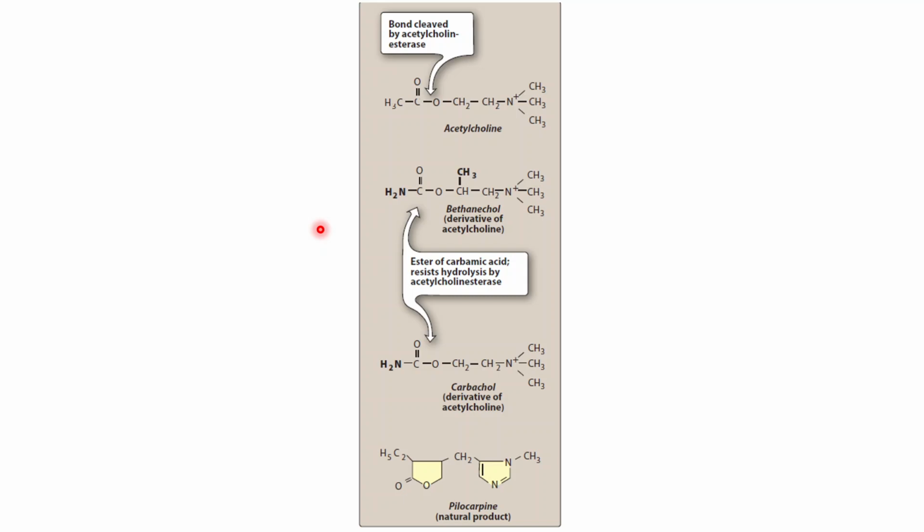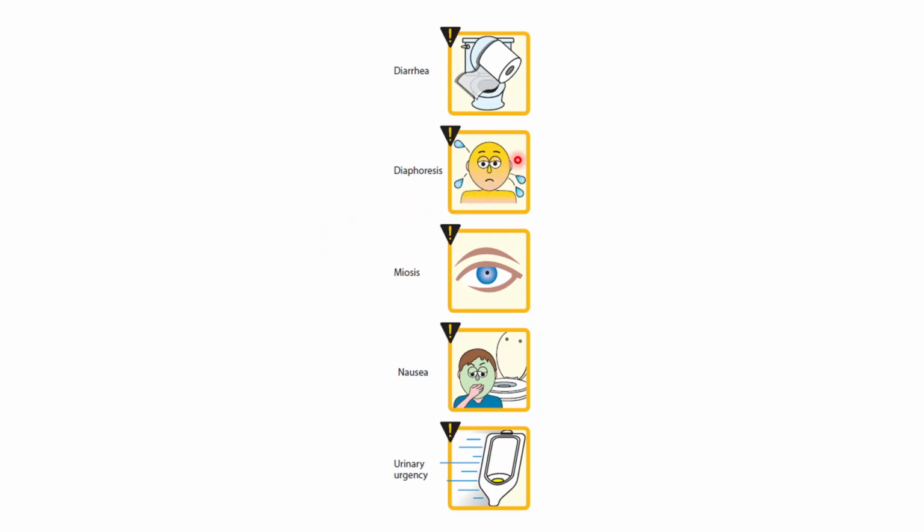Also, the bethanechol has adverse effects that include the sweating, salivation, so sweating, like this is diaphoresis, salivation, and also the nausea, urinary urgency, diarrhea, and bronchospasm in the patients with asthma.